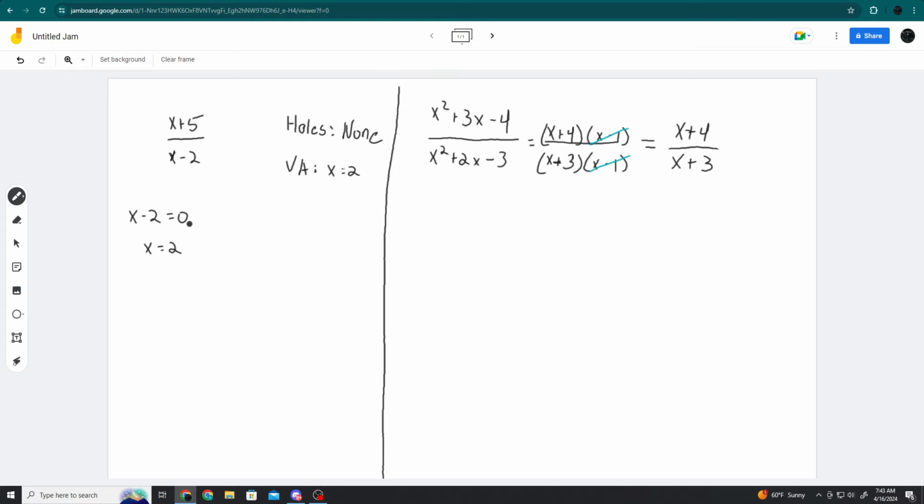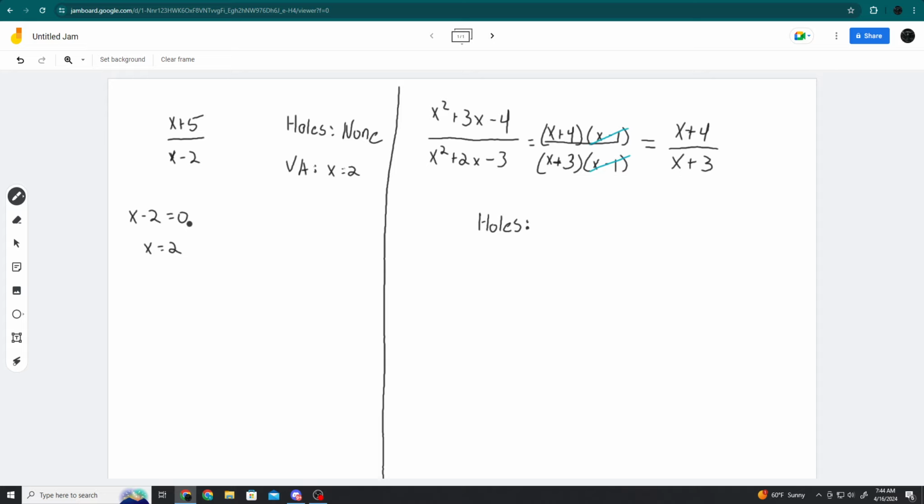Okay. Now, there's two things at play here. We know we canceled the x minus 1s to get this result. So that's going to give us a hole. We crossed out the x minus 1s, so what's happening is we used to be undefined there.